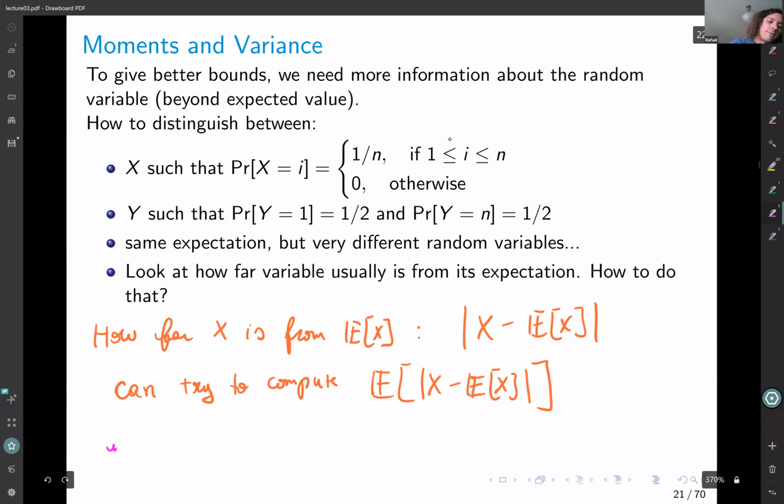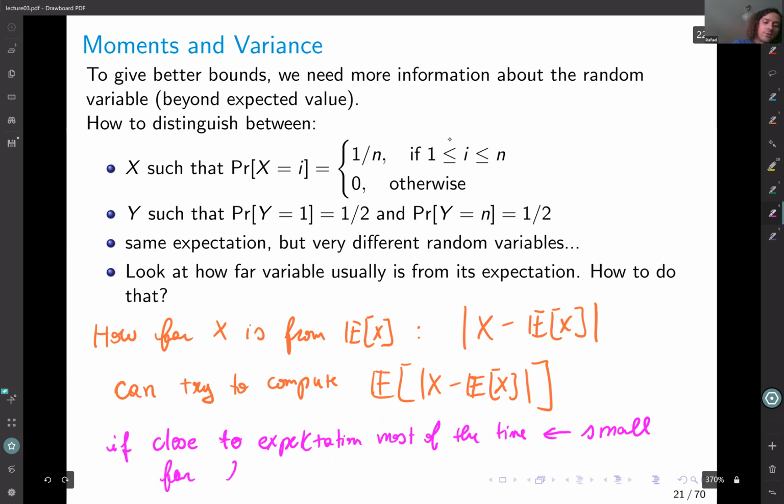If we're close to the expectation most of the time, then it's small. But if we're far from the expectation most of the time, we should expect this to be large, correct? So this is one way in which you can try to control it.